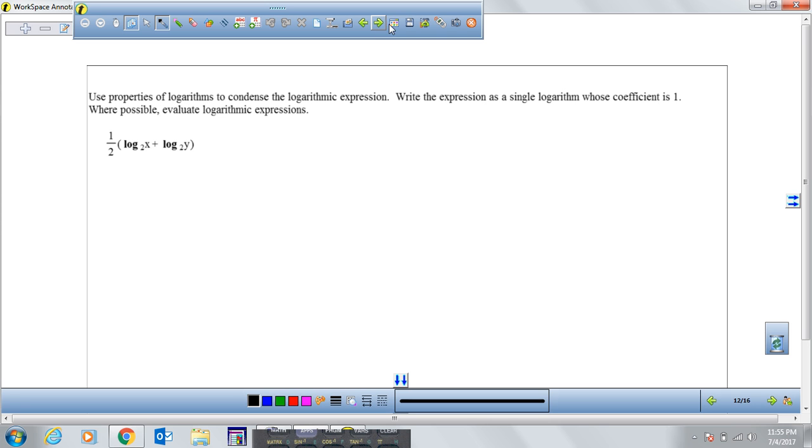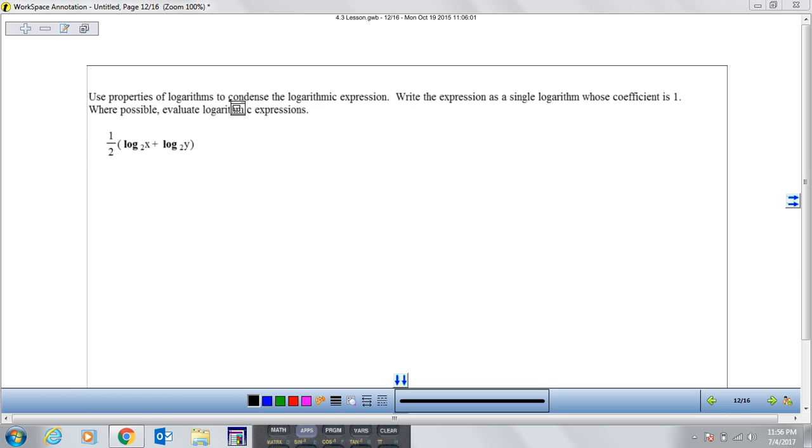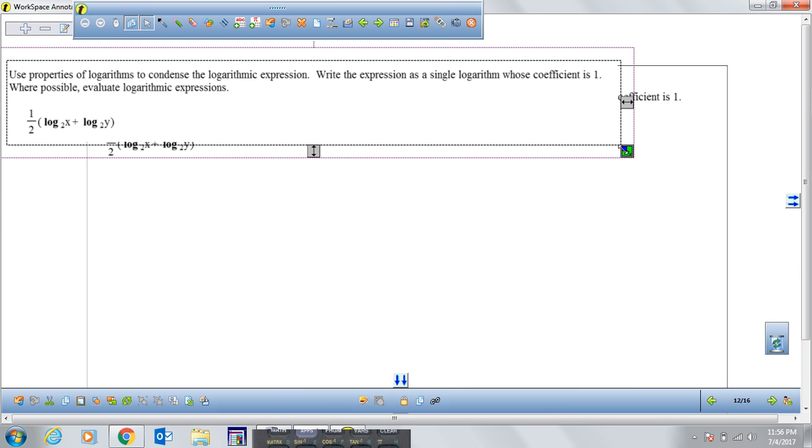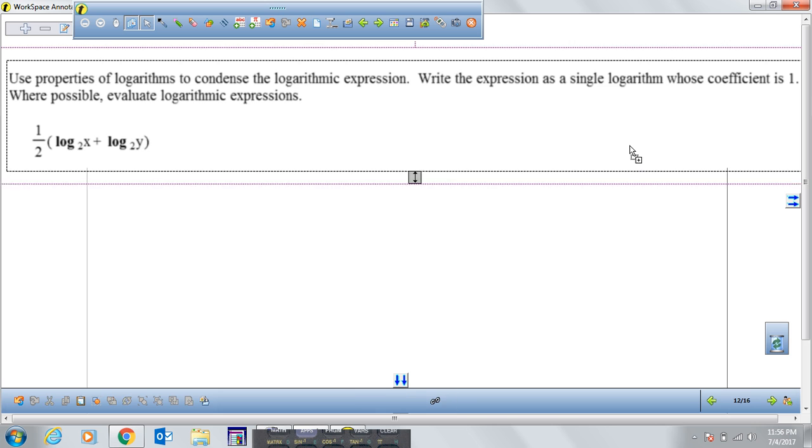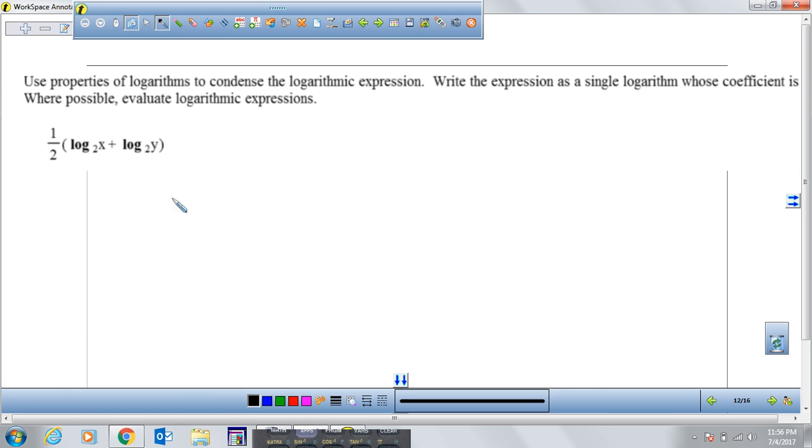Now, let's go to the next one. We are going to condense this log right here. Use the properties of logarithms to condense these logarithmic expressions. Where possible, evaluate logarithmic expressions. We can do this in two ways here. We can put the exponent back to the top first, or we can condense these two. I would rather put the exponent back to the top.